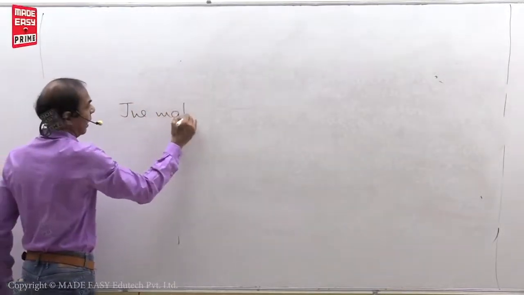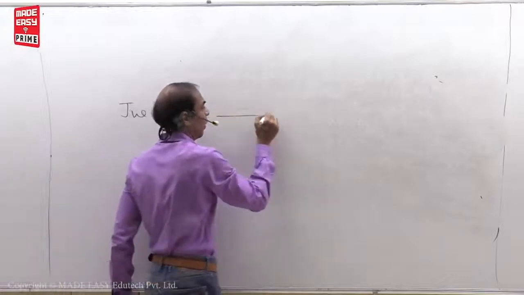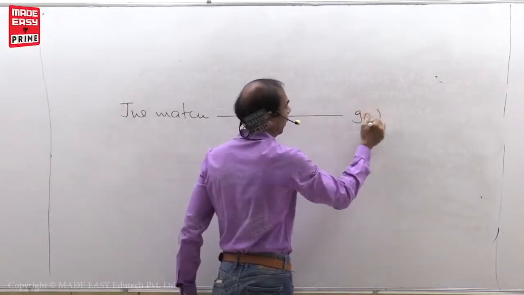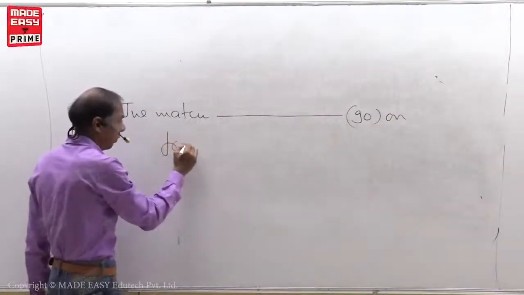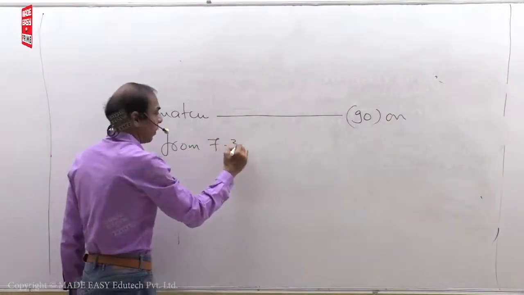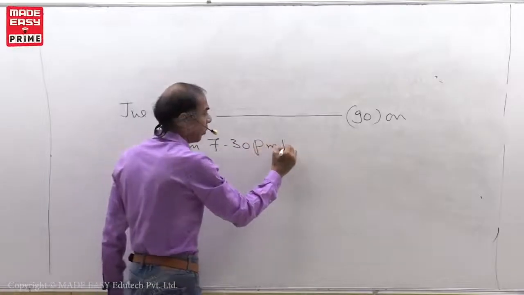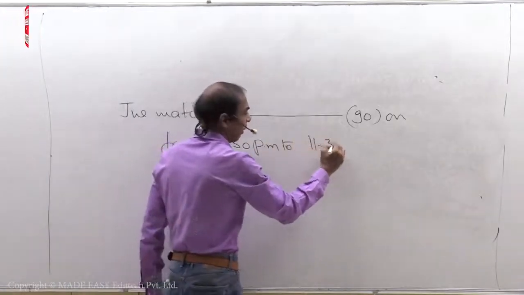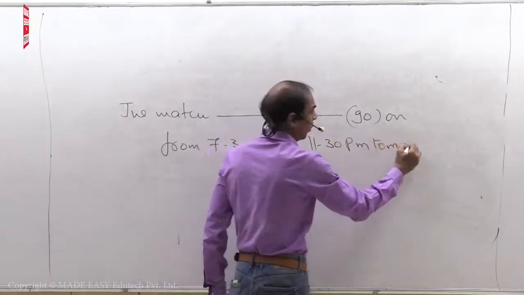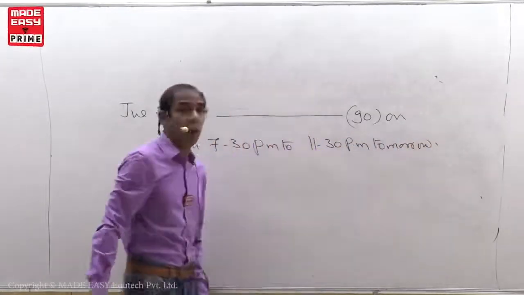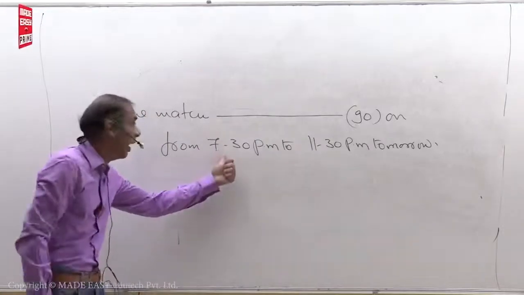The match dash go on, okay, from 7:30 p.m. to 11:30 p.m. tomorrow. See, at what time will the match start tomorrow? At 7:30.